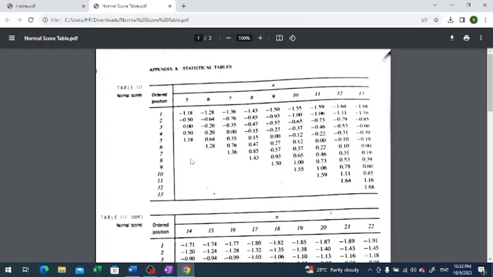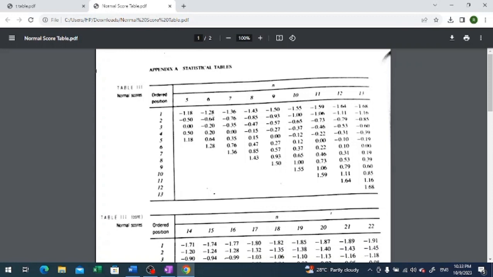So we cannot find any 0 value as a centermost value in the 6th, 8th, 10th, 12th, 14th, and so on. If we are given 6 observations, their corresponding normal scores will be, half of them negative and half of them positive.